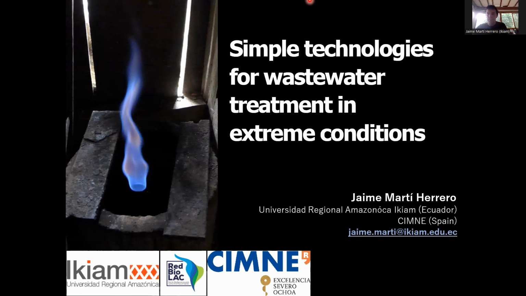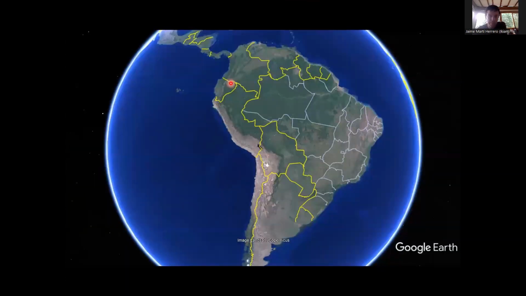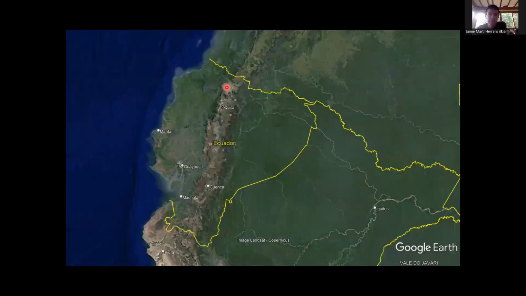First of all, I want to show you where I am. This is the jungle in the Amazonia in Ecuador. To put it on the map, Ecuador is this small country between Colombia and Peru. Ecuador is divided in 3 main regions. One is the coast region in the west, a tropical area.